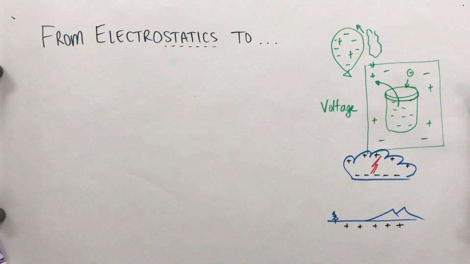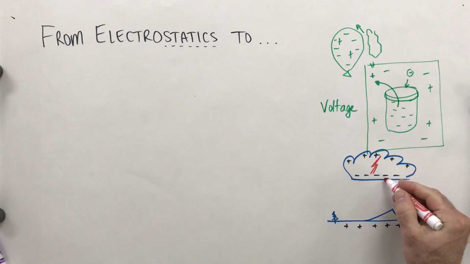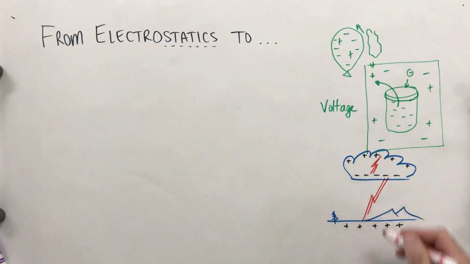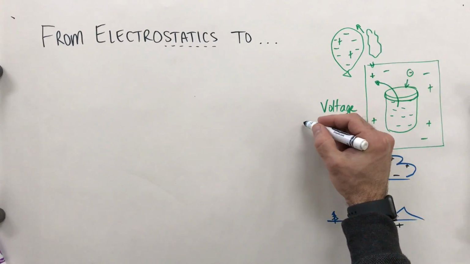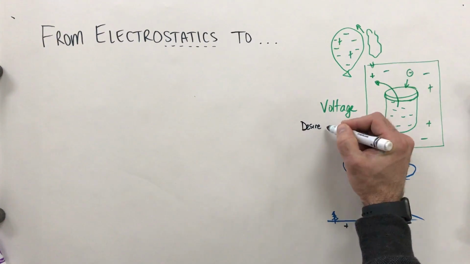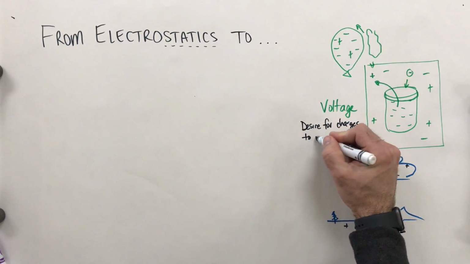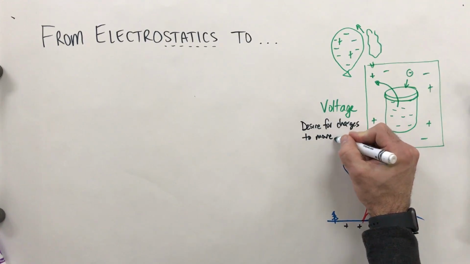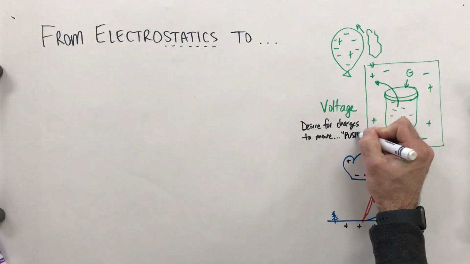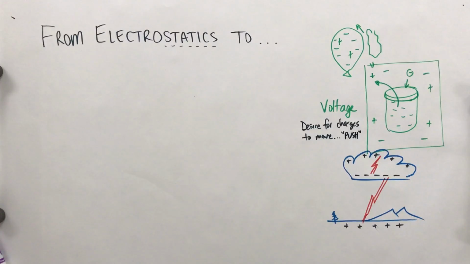And so then you could also have a lightning strike that shoots down like so, okay? So the term voltage, bringing it back to the physics, is referring to the desire for charges to move. I typically use the word push when we think about what voltage really means. It's the push behind the charges. How much do they want to go from one place to another?